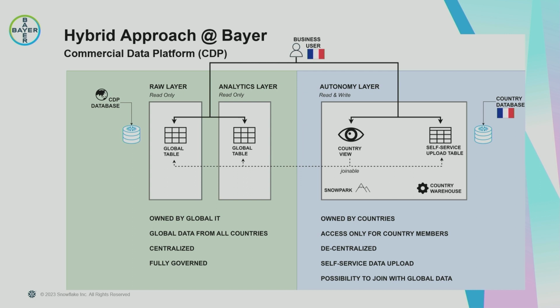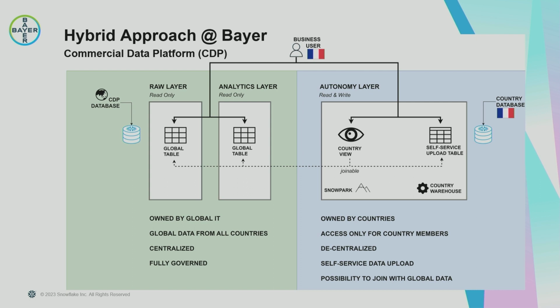Now if the user wants to enrich that with some local files, for example, or some other external data source, they can do that in their autonomy layer: upload a file to a table, create a view on top that joins that local data with the data already available in the CDP layers, and then analyze that, right?